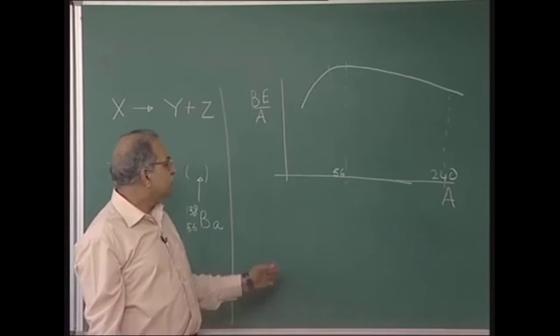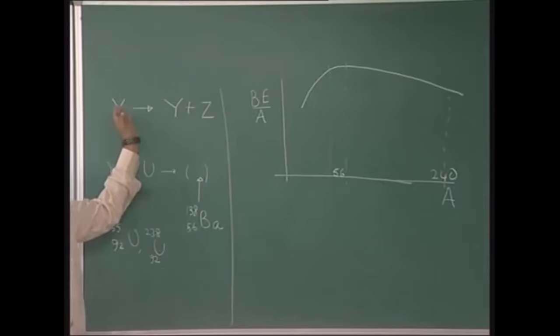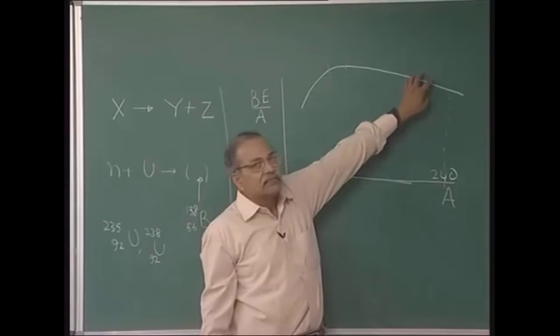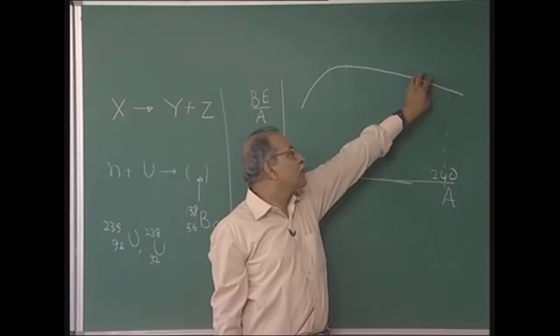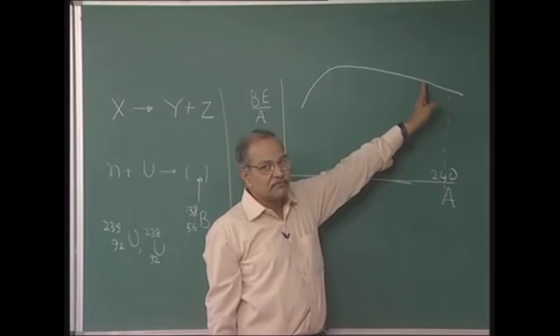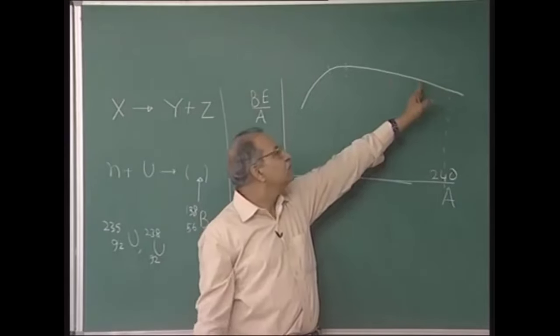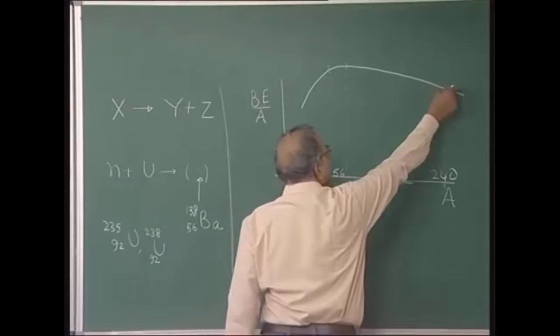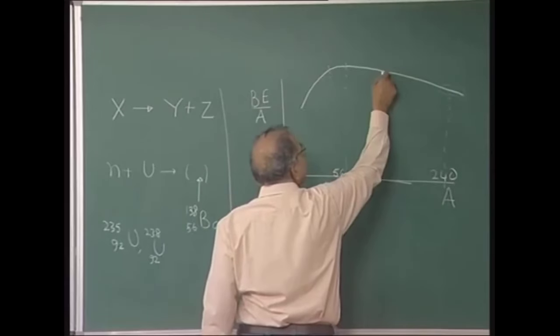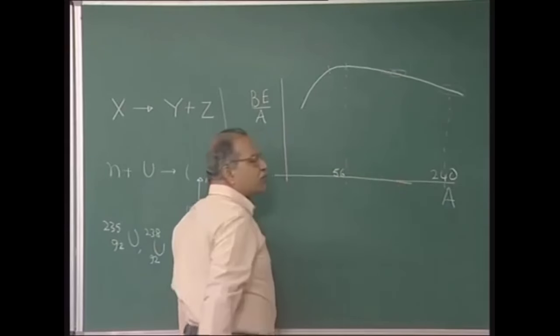In fission, the initial nucleus X is somewhere sitting here. This heavy nucleus splits in two parts, and the mass number becomes roughly half, so it will come somewhere here. From this portion you are getting two nuclei in this portion.